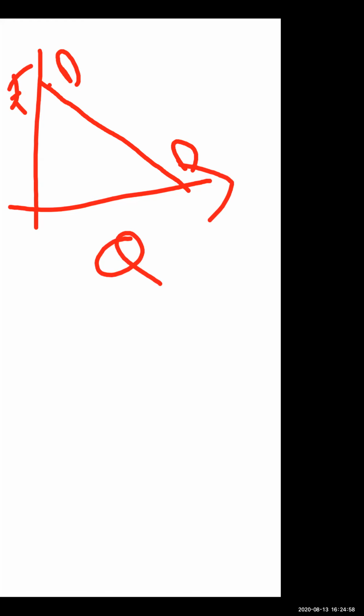Now, if at this point we need to measure elasticity of demand, then this is called the linear method. Lower segment upon upper segment. Suppose I want to find out this particular point.